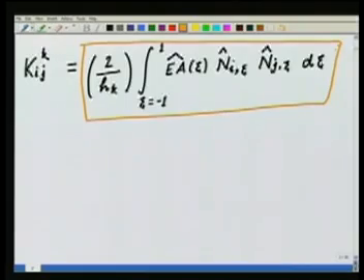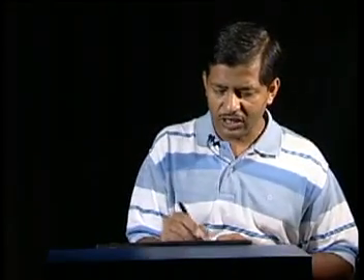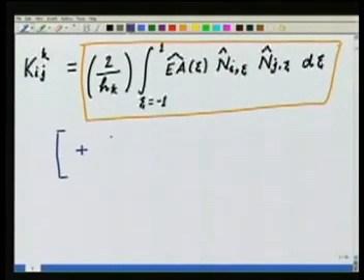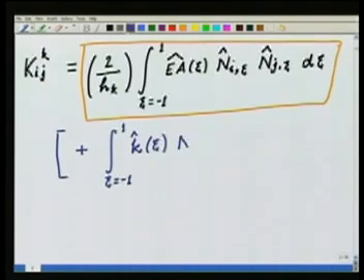Now if I have the elastic support also present, then it's not difficult. In the case of elastic support, I will add this extra bit, integral psi is equal to -1 to 1, you will have k hat of psi into ni hat into nj hat.